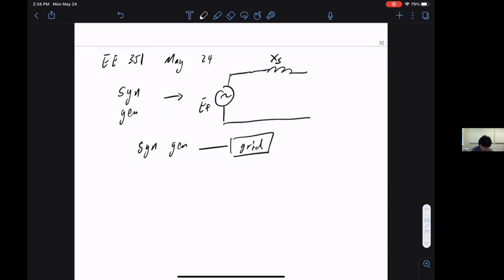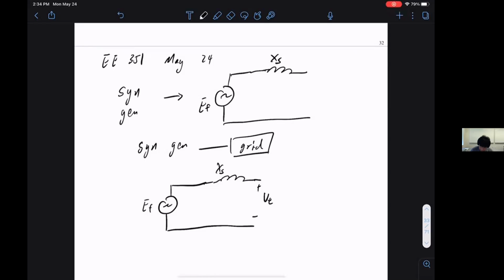So electrically, this means that I have some generator or some synchronous reactance. Then I'm looking at the grid, and this is the grid, and this is called an infinite bus.